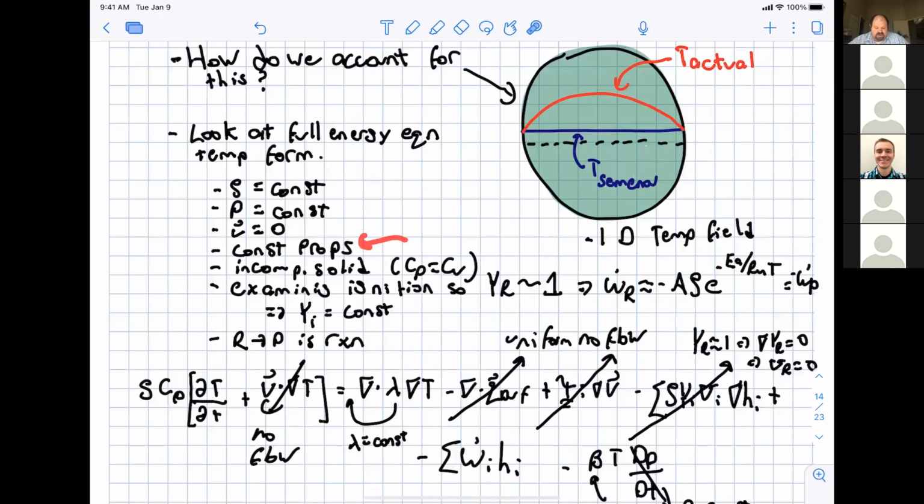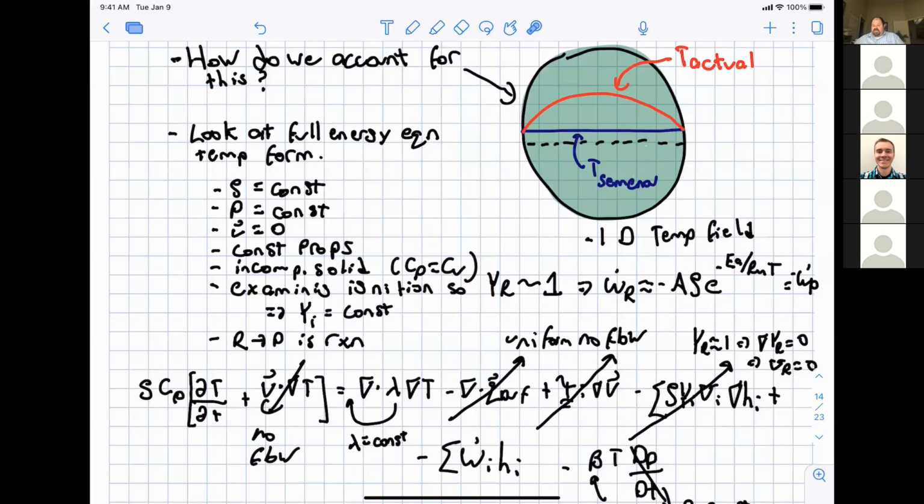All thermophysical properties will be the same. We'll assume that the solid is incompressible and that we can approximate Cp and Cv as the same value. And we'll be examining ignition, so we are also going to assume that YR, the mass fraction of the reactants, is equal to 1, and the rate of production of the reactants is the exact same as it was for the Semenov analysis.